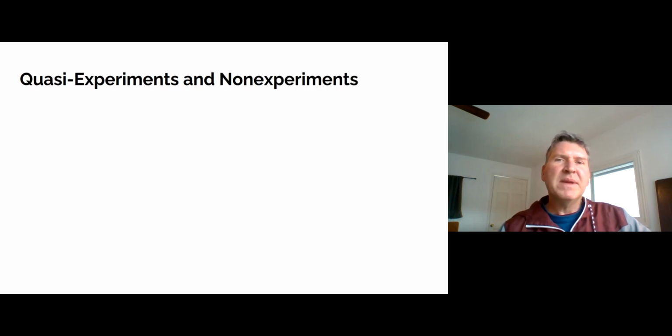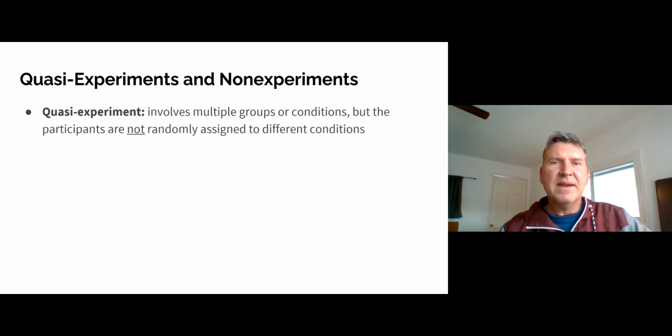So quasi-experiments and non-experiments are typically not what we're most interested in, especially in research design. A quasi-experiment involves multiple groups or conditions, but there's no random assignment to different conditions. When there's no random assignment, there's a lot of bias involved, but at the same time, there's some elements of experimentation where we have multiple groups or conditions that we're examining.